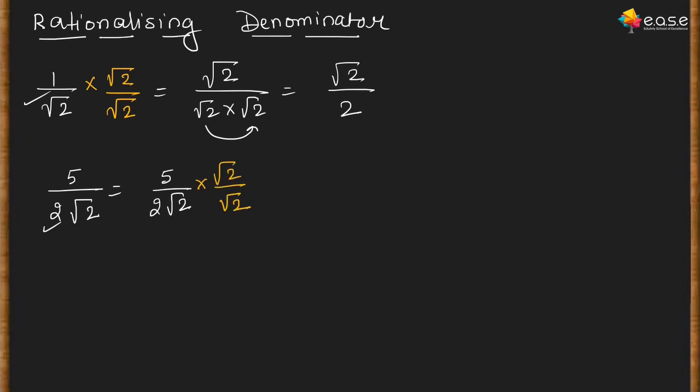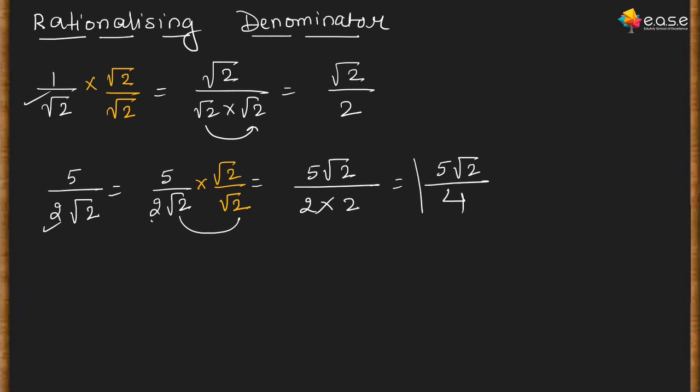Correct? And what do you get in the numerator now? You will get 5 root 2, and in the denominator you will get 2 times root 2 into root 2, that is 2, and then you will get 2 times 2, which is 4. So this is your denominator which is rationalized.